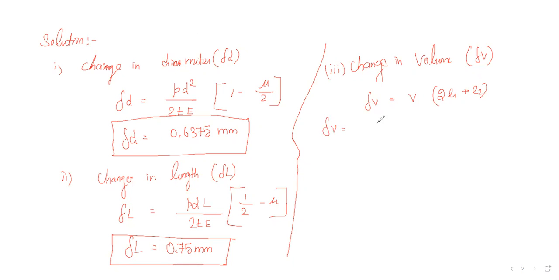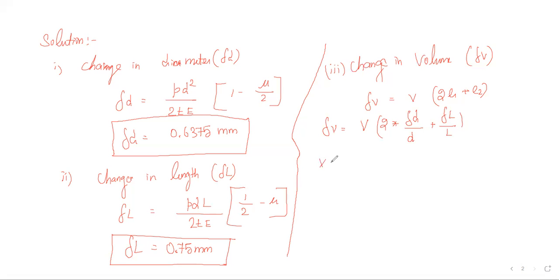So del V is equal to V into (2 e1 plus e2), where e1 is nothing but change in dia by original dia, plus e2 is nothing but change in length by original length.